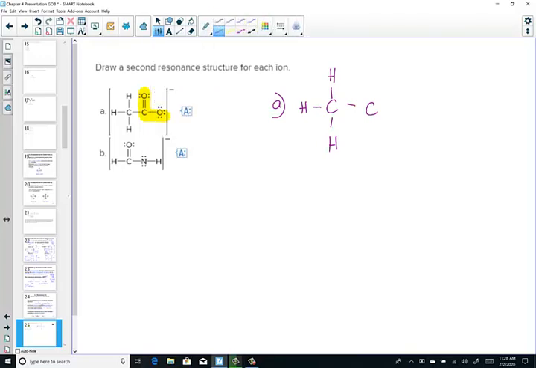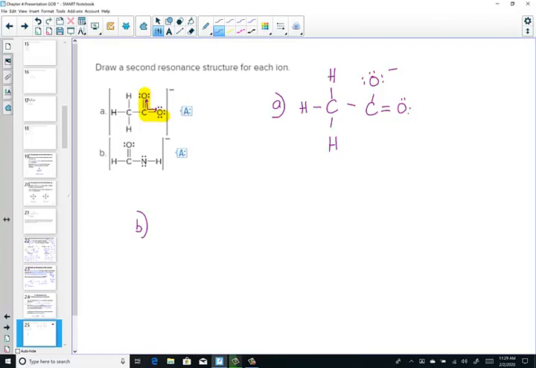It could place the double bond leading to the up top oxygen, or an equally valid choice is placing it to the right and making that the double bond. These two are known as resonance structures. We've delocalized the double bond. It spends time equally between both oxygens on that carbon.